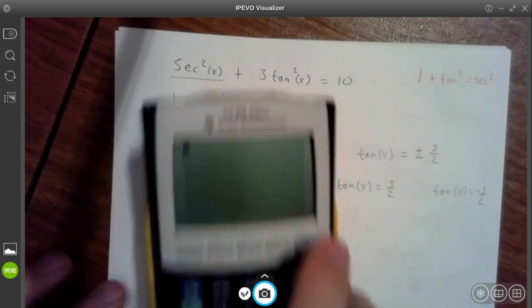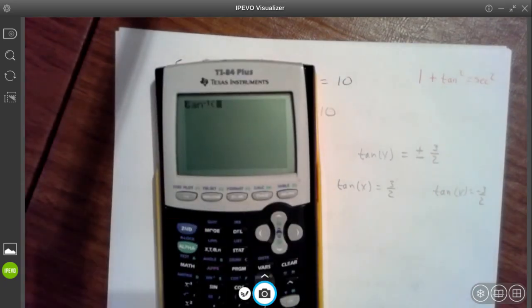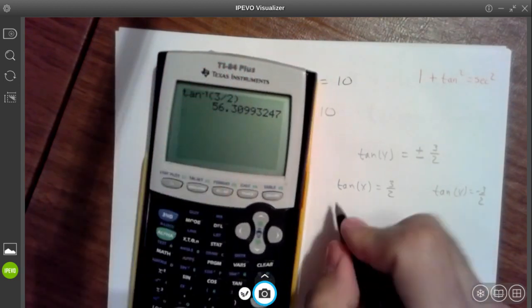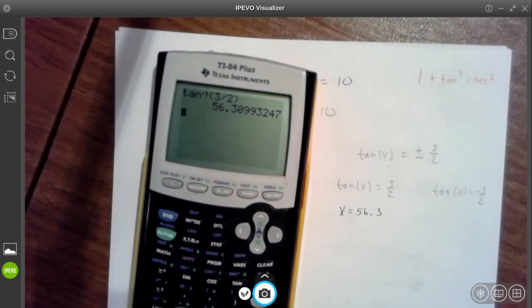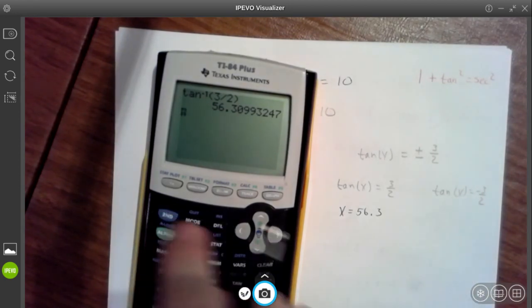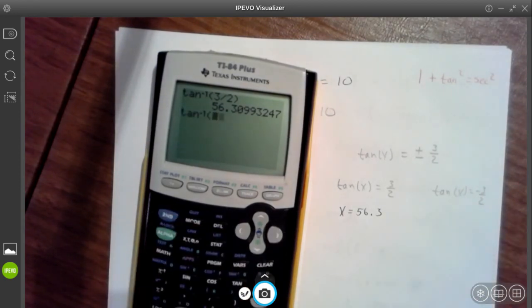They're not special, so you got to use your inverse function. Tangent inverse of 3/2 is going to be 56.3. Don't worry about the other one because it's just 180 away. Tangent inverse of negative 3/2 is negative 56.3.